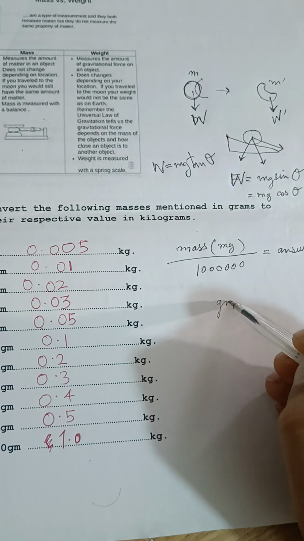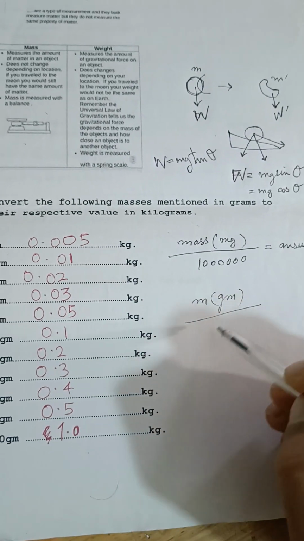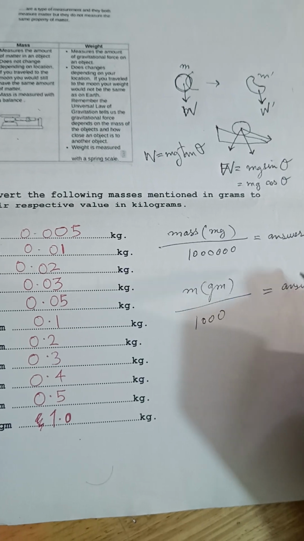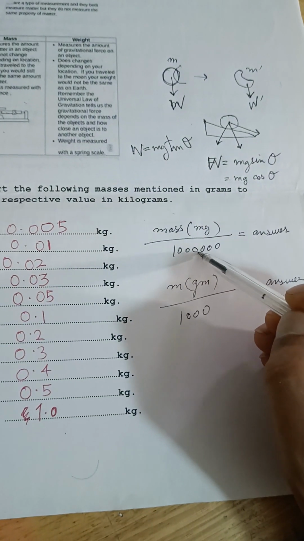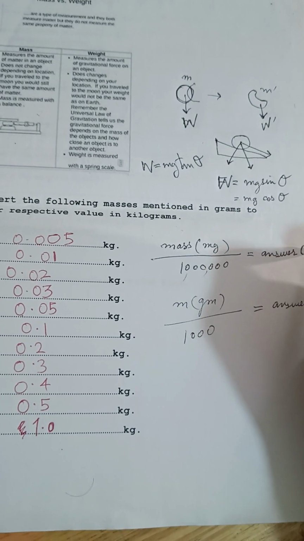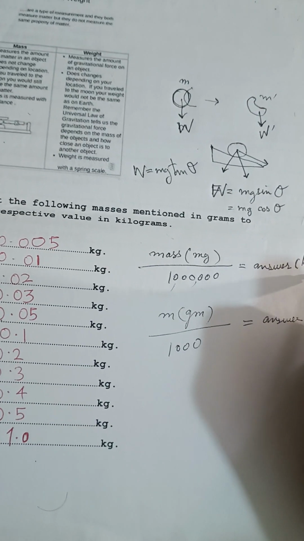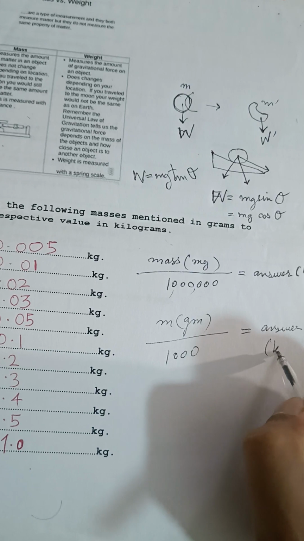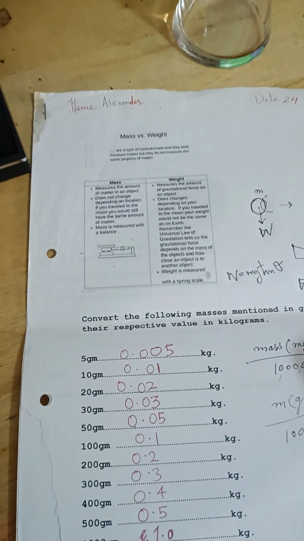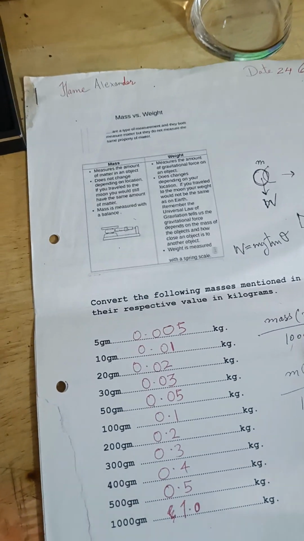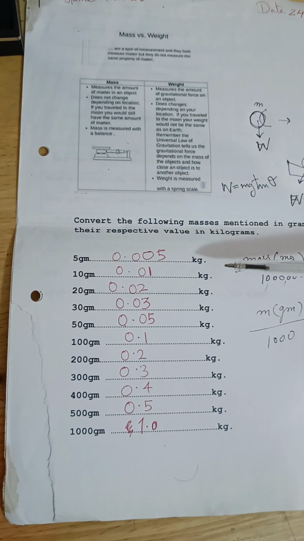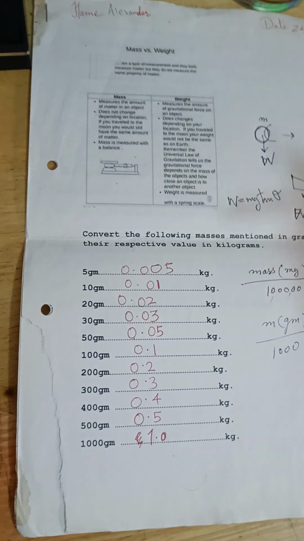Just because it's a gram, I'll be dividing it by 1,000. But if it were a milligram, I'd be dividing it by 1,000,000 to convert it into kilos. These are all grams, so the factor of reduction is 1,000, 10 to the 3.